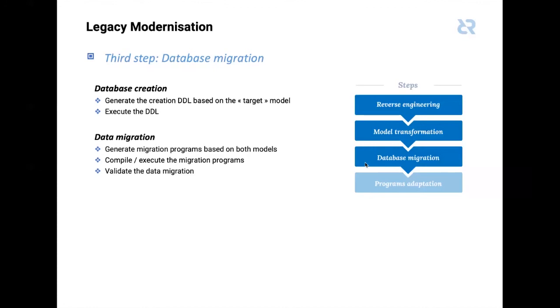And then you will start migrating. What the tool will do, as you could see beforehand, is look at both models, from your target database and your source database, and automatically generate migration programs. It will compile and execute those programs, and then, of course, once the data is migrated, it will validate the data migration.